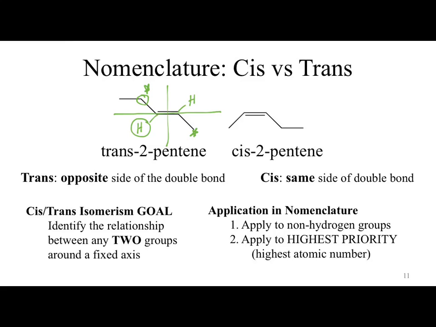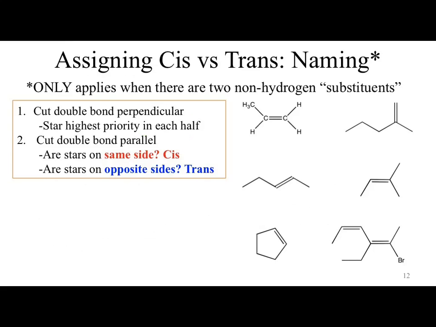Let's make it a red line. The stars are on opposite sides, so we're looking at a trans structure. Makes sense? This next slide breaks these all down into individual steps.